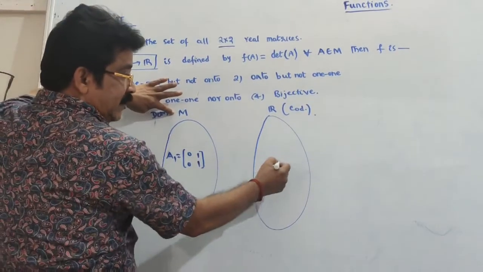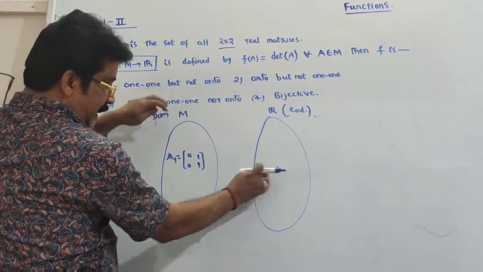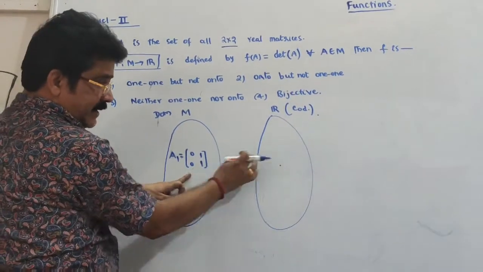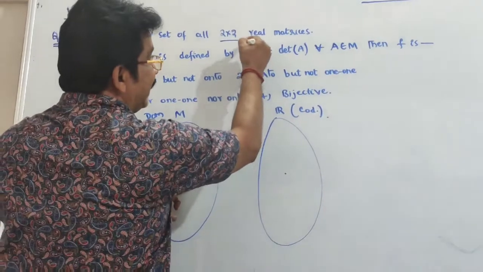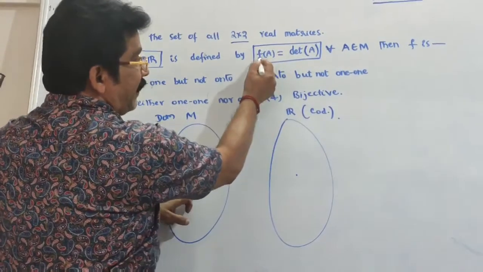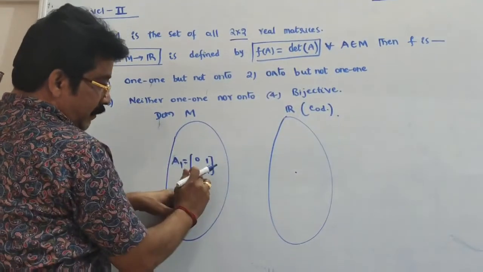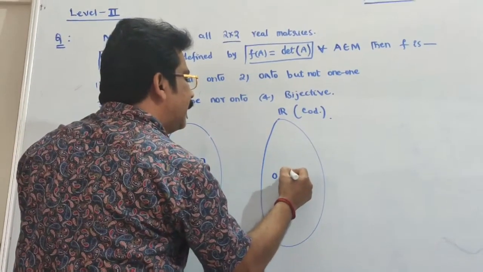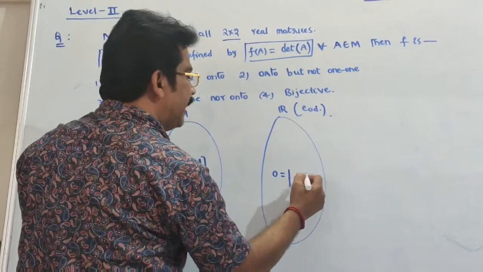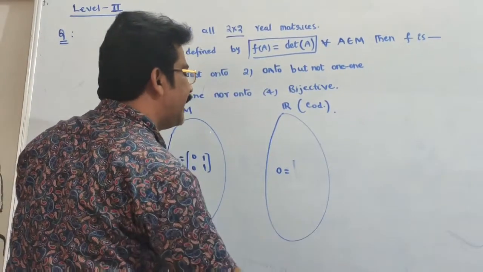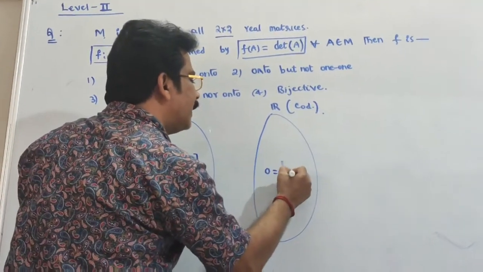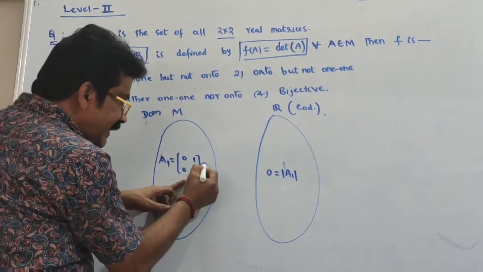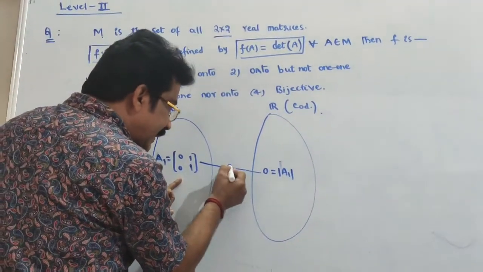Then f of A equals det A, and the determinant is 0, so it is mapped with 0.